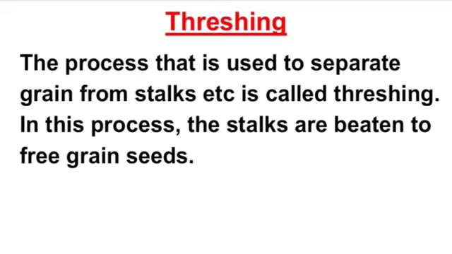And in this way we can separate the grain from stalks. So I am repeating, the process that is used to separate grain from stalks is called threshing, and in this process the stalks are beaten to free the grain seeds.